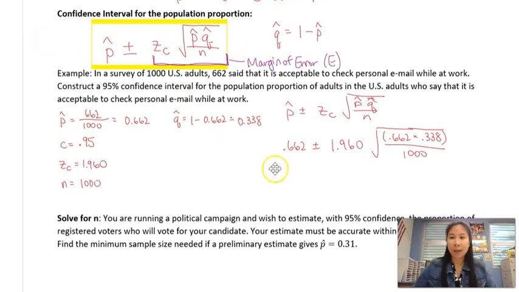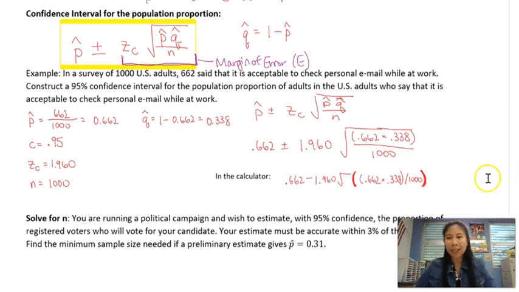Here's my formula, and I filled in my 0.662 for the p hat, 1.96 for the ZC, and then on top I have the 0.662 times the 0.338 for the p hat times q hat, all divided by 1,000 for n. In the calculator, I think the hardest part will just be the square root part. So I have the 0.662, and then I'm going to do the subtraction one first.